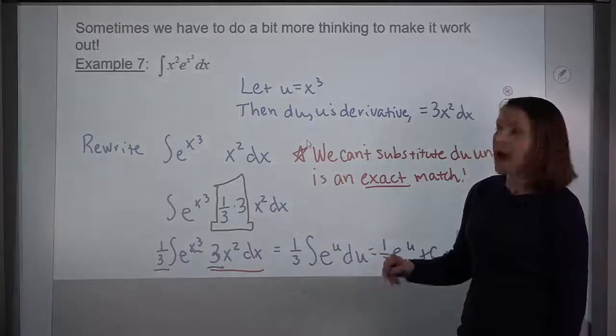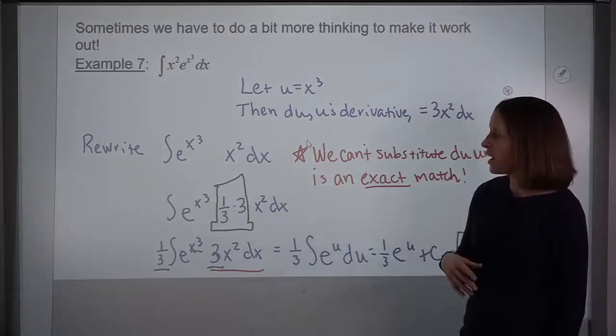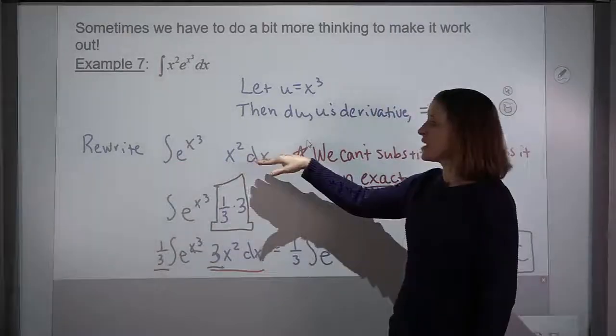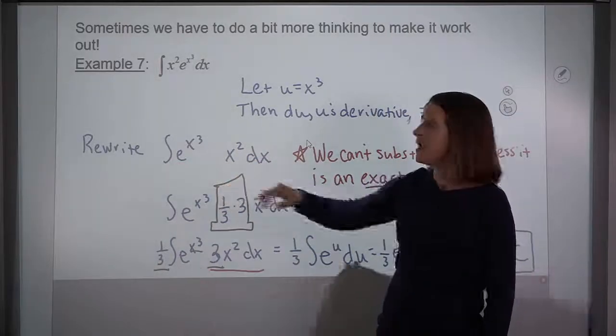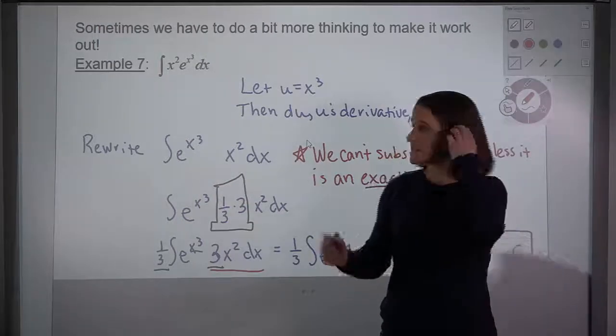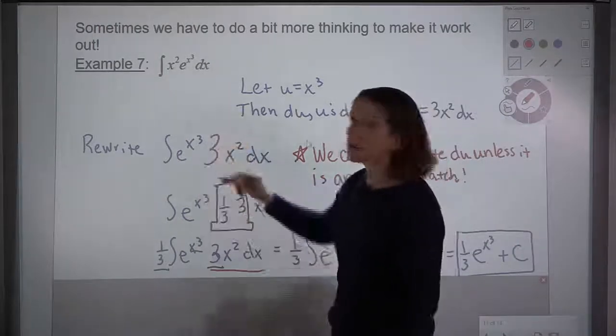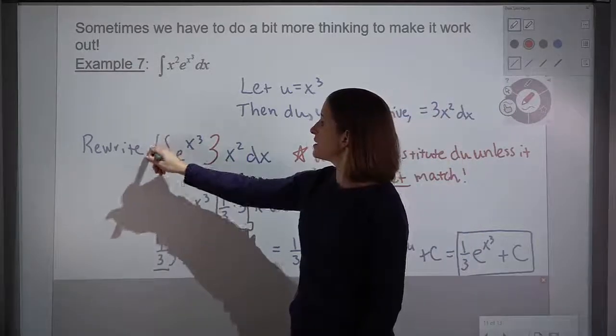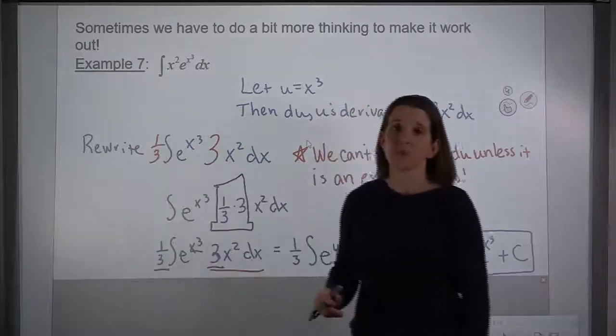Now just to go back and show you, and I'll show you on the next one as well, the way that I would do this is I would write the problem and leave a blank here and say, what am I missing? I'm missing a 3, but I can't just change the problem. So if I put a 3 in, I also have to put a 1/3 in.